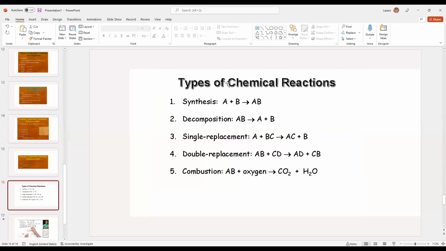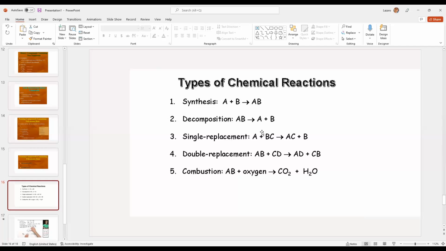Well, we have different types of chemical reactions. The one where two elements are combined to get one compound, we call synthesis or combination. In the opposite case, when the compound is decomposed into two or more elements, we call this decomposition.